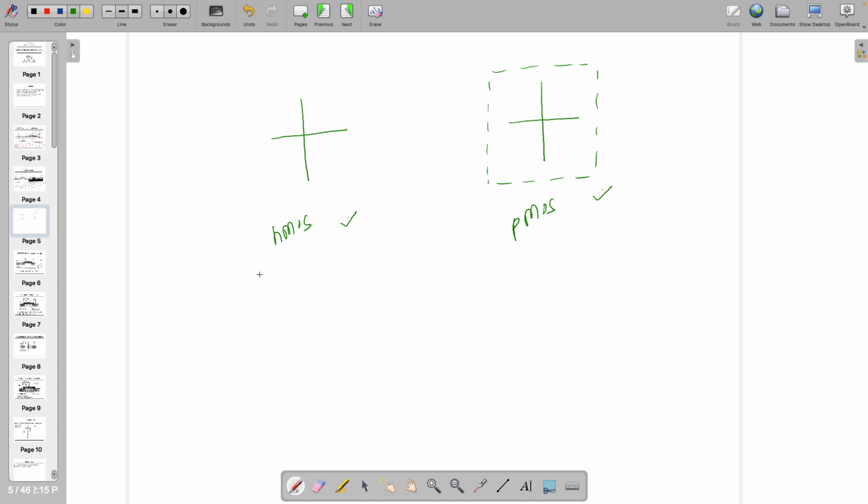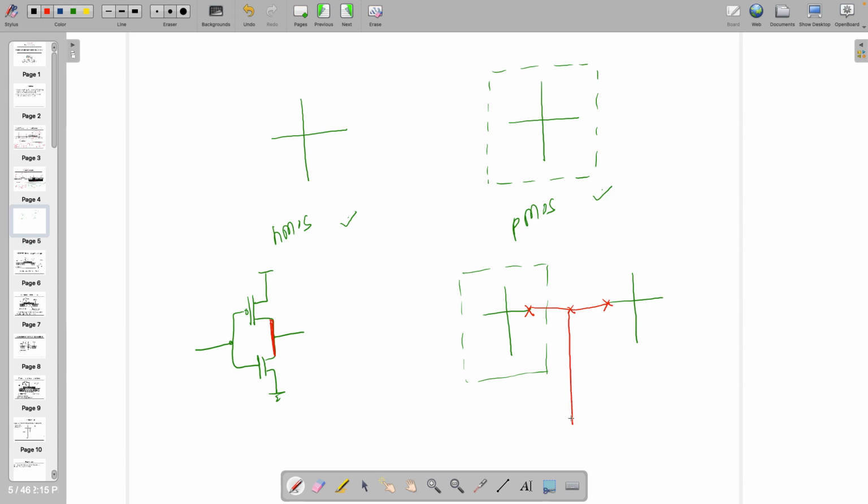Let's assume that I want to make an inverter which looks like this one. If I want to make the stick diagram first, then I have drawn, this is PMOS, this is NMOS. So you know that they are interchangeable. This is drain to drain, right? So drain to drain. This is one connection. This is out, let's say. Then gate to gate.